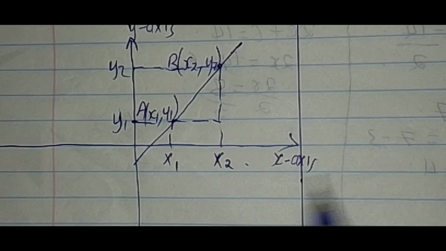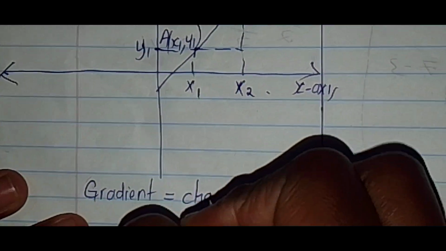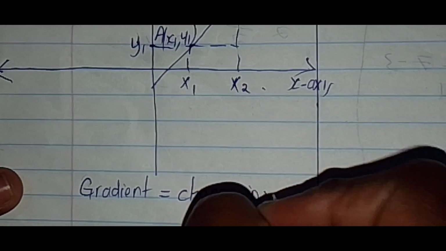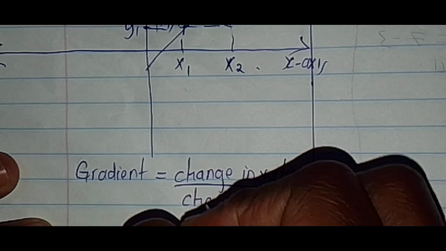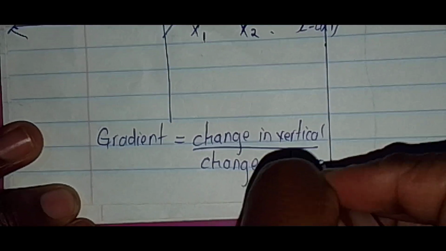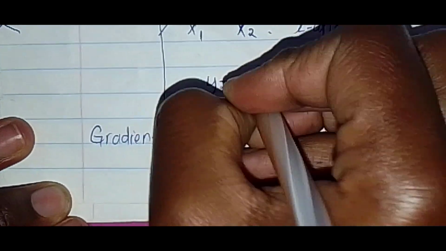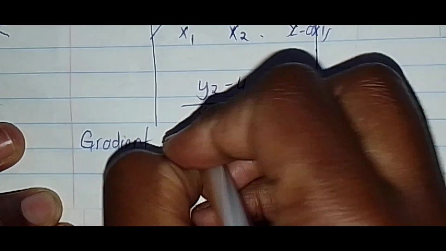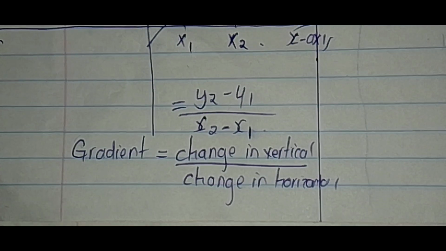So we'll need to take the change in vertical distance over the change in horizontal distance. For this case, it will be y2 minus y1 over x2 minus x1. So this will be our gradient.